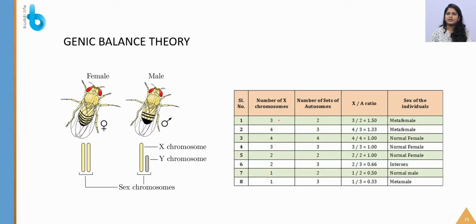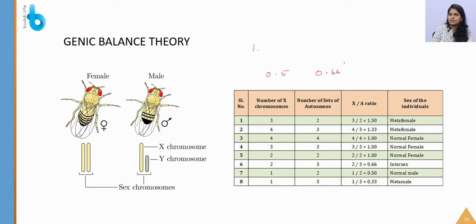Generally the female will have 2 X and the male will have X and Y. For a normal female to be produced, the ratio will be 1. For a normal male to be produced, the ratio will be 0.5. Other ratios, like 0.66, are for the intersex.